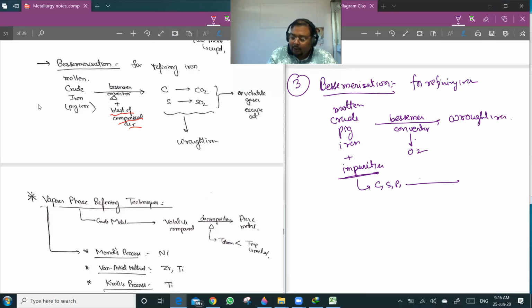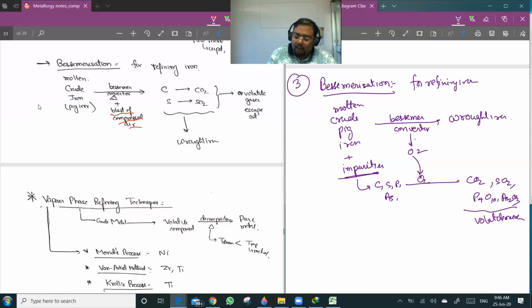The oxygen oxidizes the impurities like C, S, phosphorus, and arsenic to their respective volatile oxides, and these escape. What we are left with is the wrought iron.